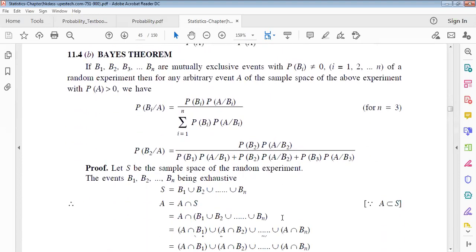Now, the most important theorem, Bayes theorem in probability. Try to understand.